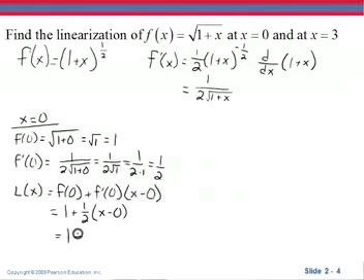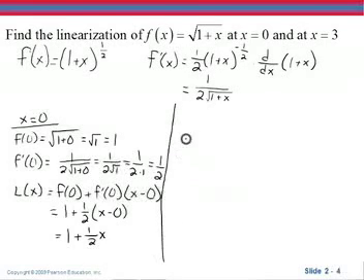That is 1 plus 1/2 x, since x minus 0 is x. So if we're looking at points that are very close to 0, this function will give us a very good approximation to the actual value on the graph. Now this is for x equals 0.